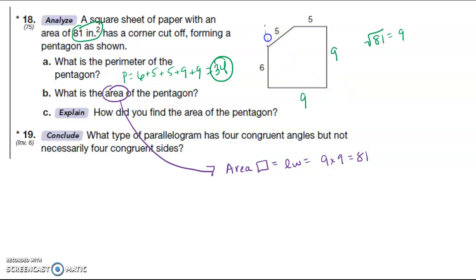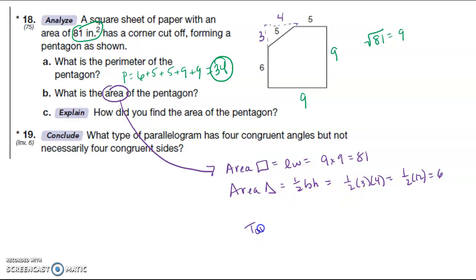And then I can subtract out the triangle. So the area of the triangle is 1/2 base times height. So if that's 6, this is going to be 3. And that's 5, and if that's 5, this is 4. So I have 1/2, 3 times 4, which is 1/2 of 12, which is 6.